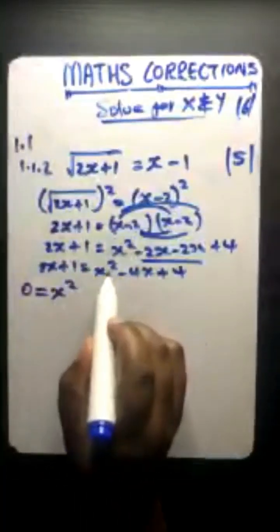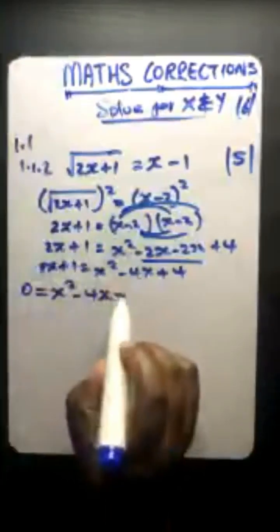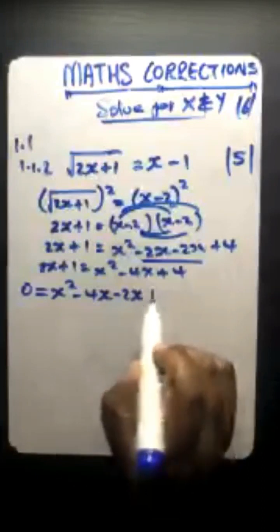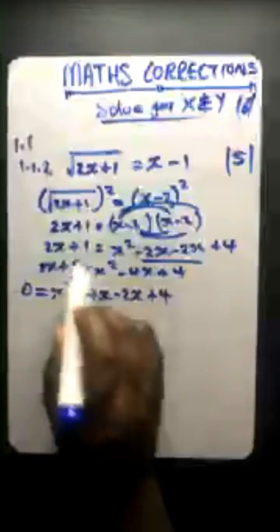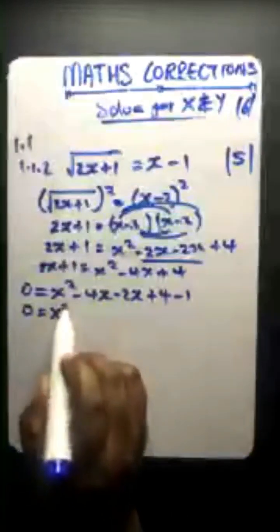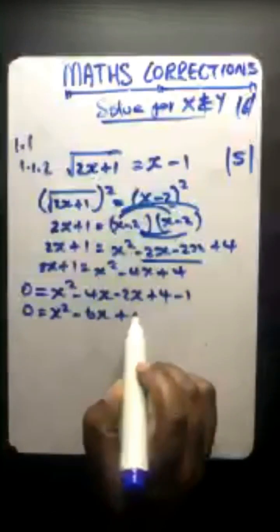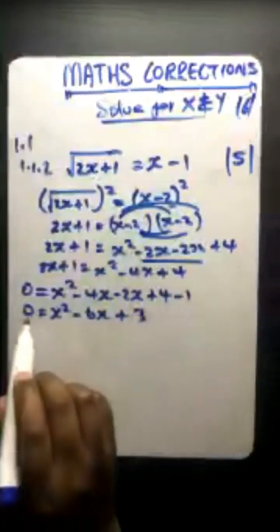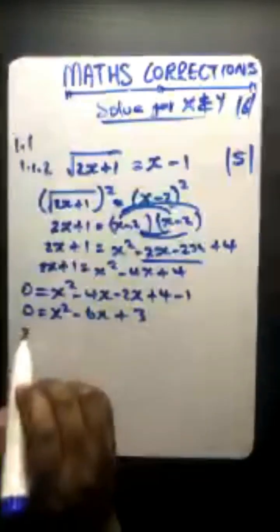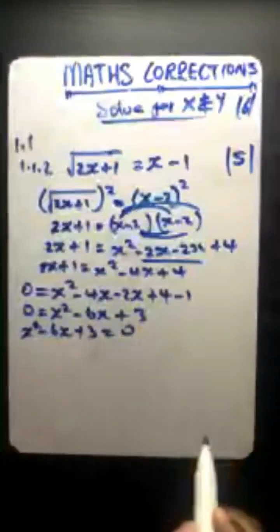So I'm having that already, and then this one I'm getting it closer to its friend. Then it's 0, then it's x squared. What is that? I think it gives you negative 6. What is that? I think it gives you positive 3. Then we're having 0 there.